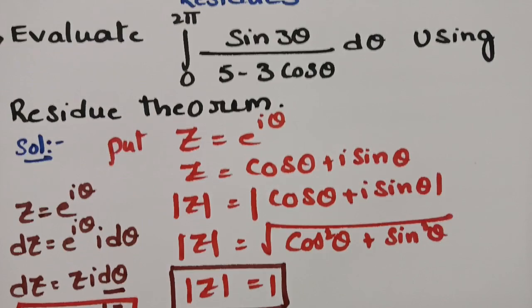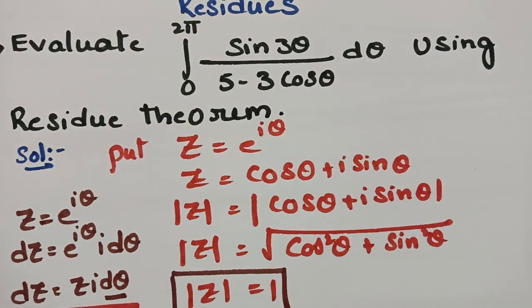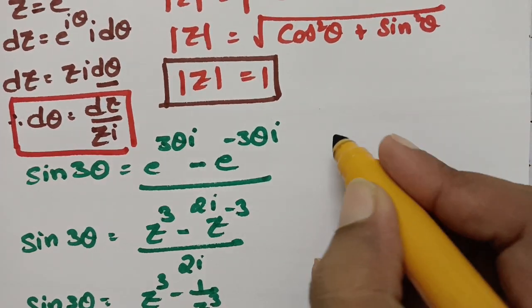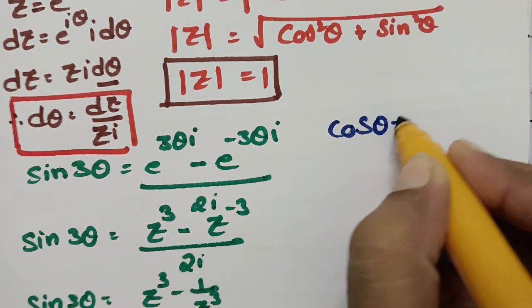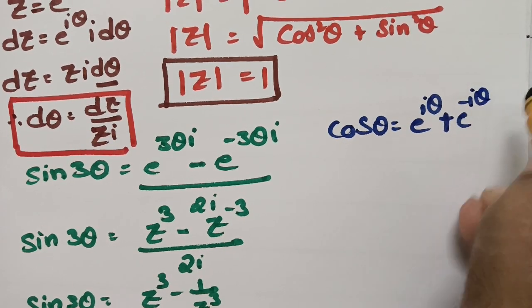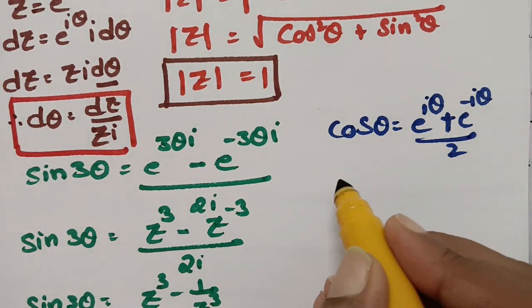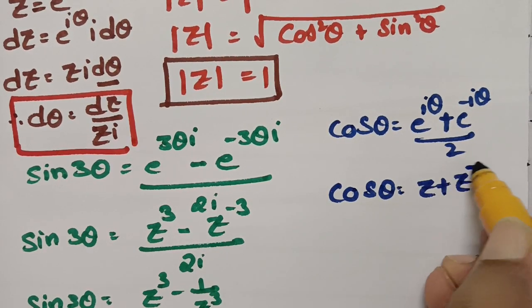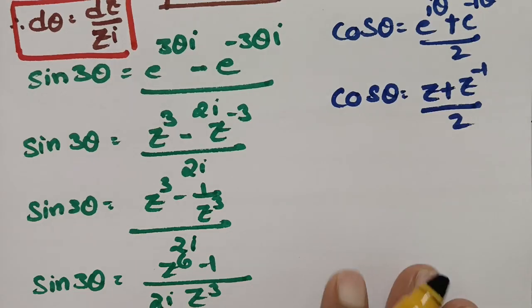And next, we need the cos theta value. For cos theta, what do we have to do? As usual, cos theta value is e power i theta plus e power minus i theta by 2. Clear? So cos theta is equal to z plus z inverse by 2.